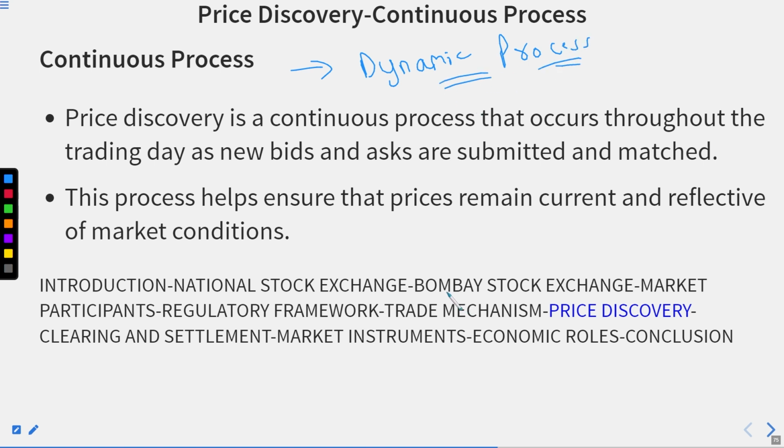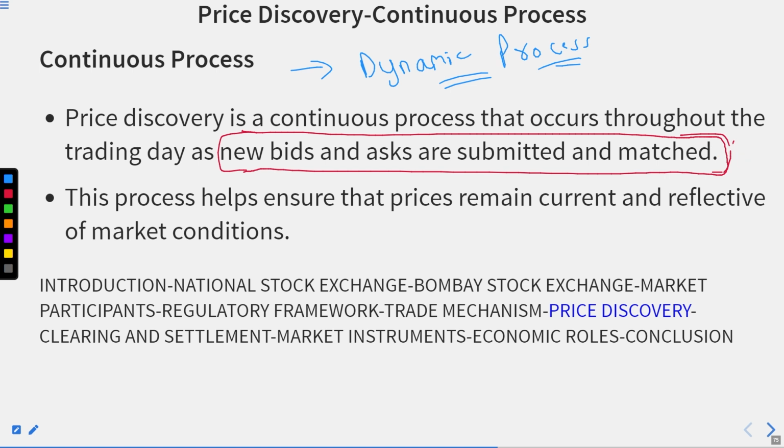On a regular basis new bids and new asks are submitted and matched.